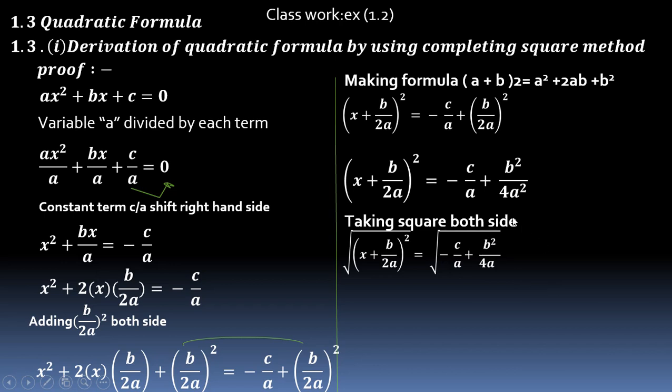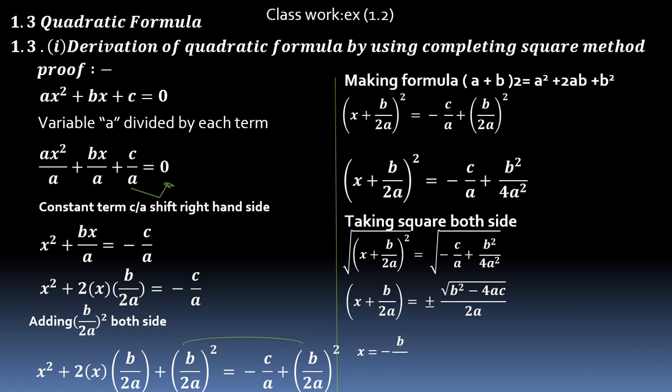Taking LCM 4a squared: 4a squared is the LCM, so 4a is multiplied with c, and 4a squared is also the LCM, so b is not multiplied by any number. x plus b upon 2a is equal to plus minus under root b squared minus 4ac upon 2a; the square root of 4a squared is 2a.